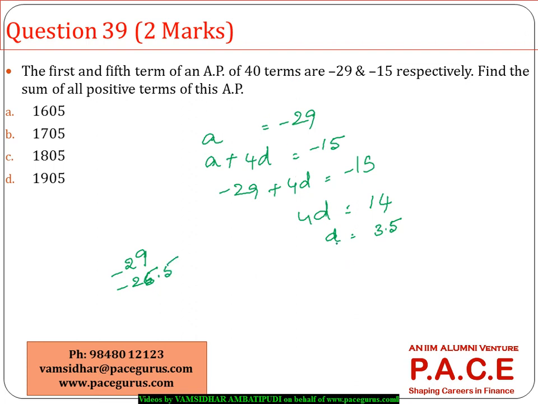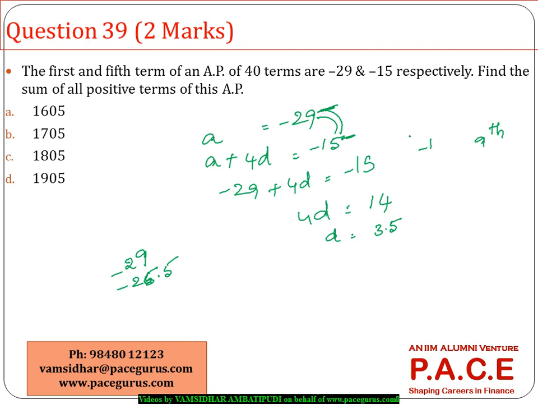So where is the positiveness coming from? In this case, minus 29 is the first and the fifth is minus 15. So there is a gap of 14. So if I add another 14, minus 1 will become the ninth term. Minus 1 will become the ninth term.